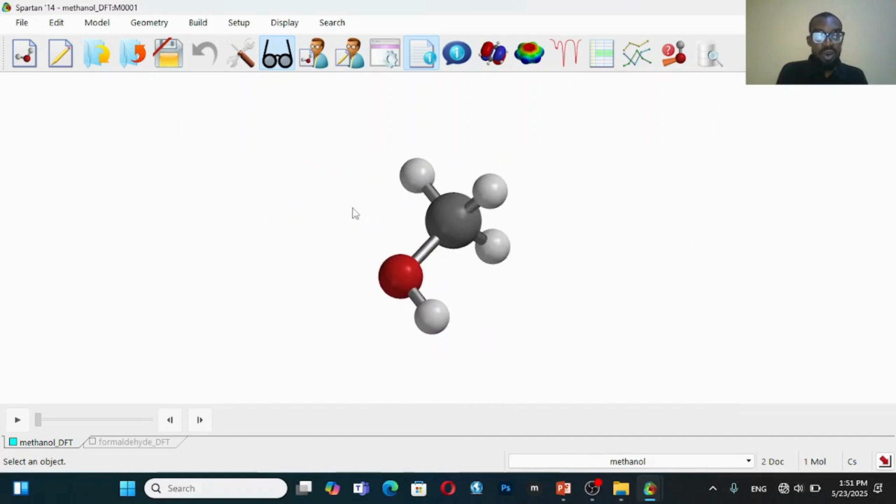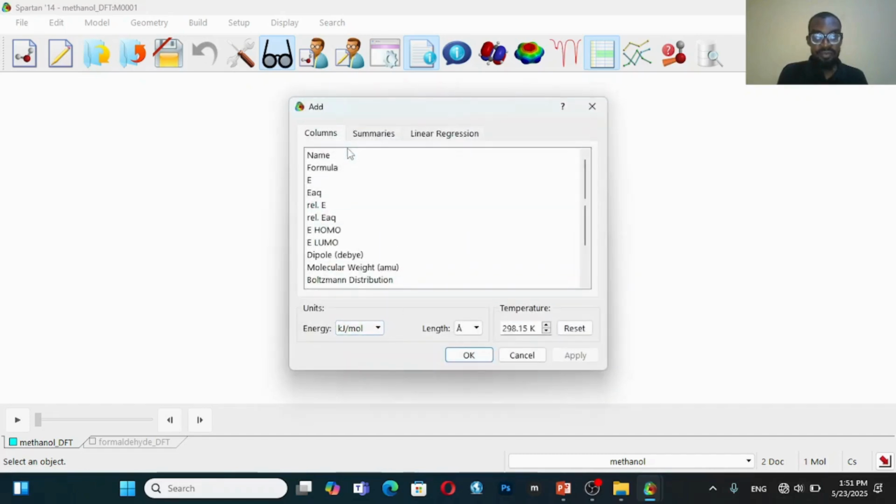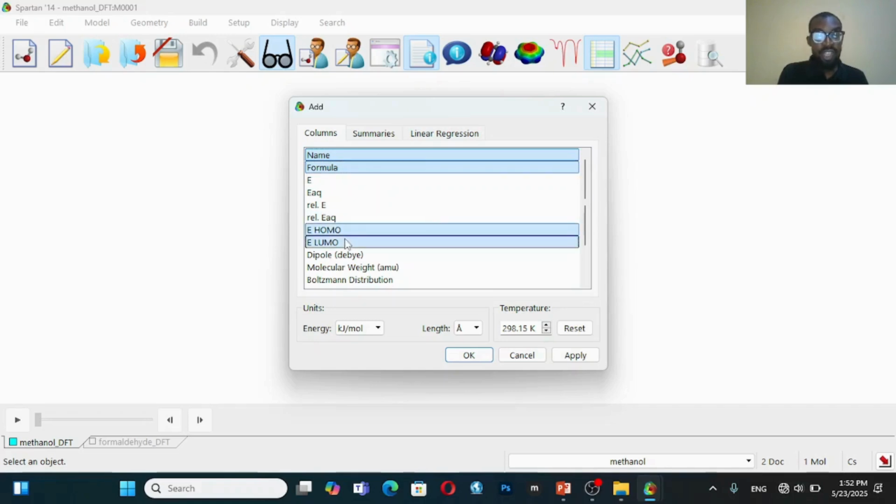Now, the next thing you should do is to go to the spreadsheet, click on spreadsheet. Then simply click on add: name, formula, that we're interested in, E-homo, E-lumo, because that's what we're working with today.